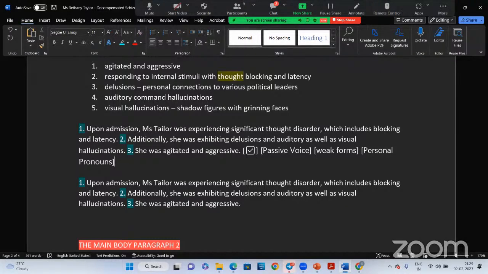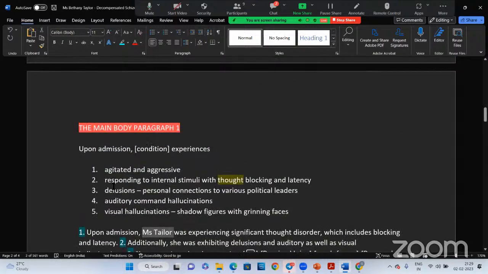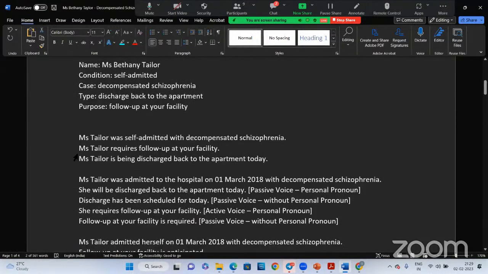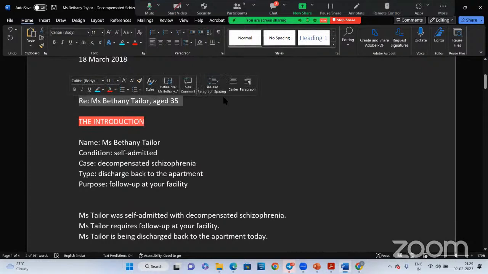So passive voice only, but weak forms because there are personal pronouns. Now you know Miss Taylor is the Prime Minister of this letter, of this country. Everything is regarding Miss Bethany Taylor, the superhero. And why are you degrading the superhero to be a normal hero? The main hero will not go everywhere. He will send his assistants.